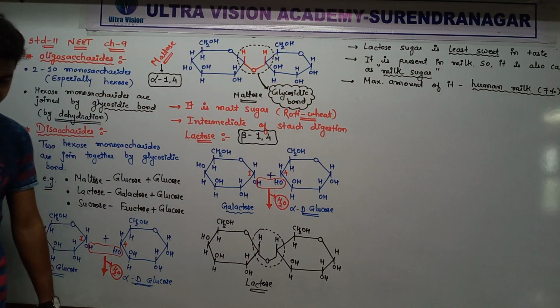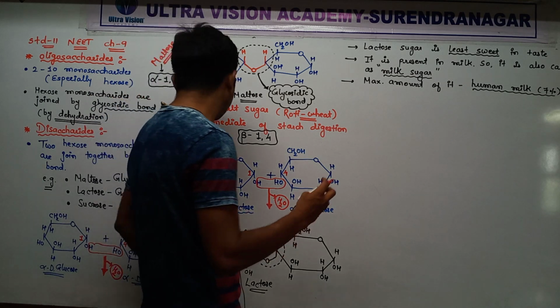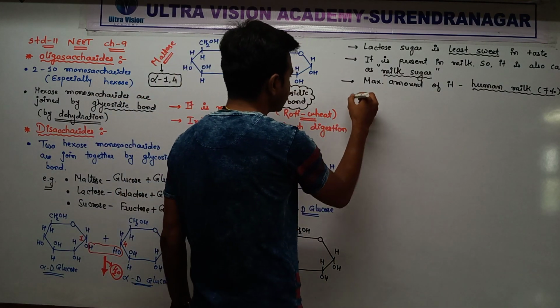So in human milk, the mother's milk contains the highest amount of the lactose sugar. Now let us discuss with the last one, that is sucrose.